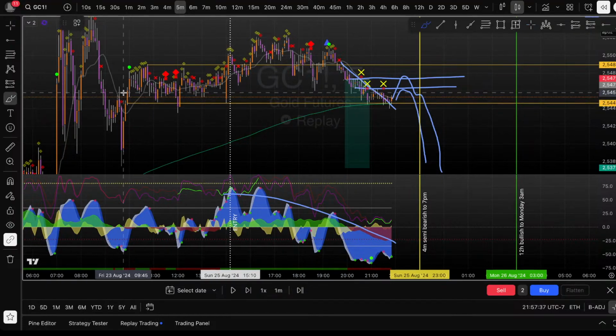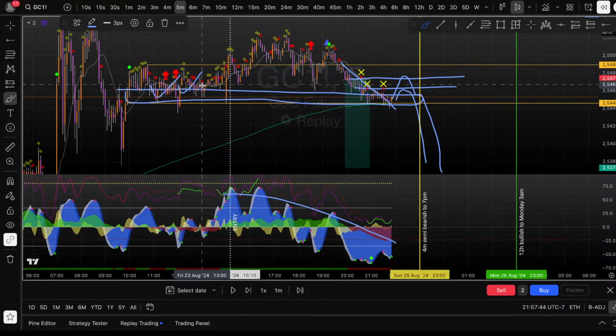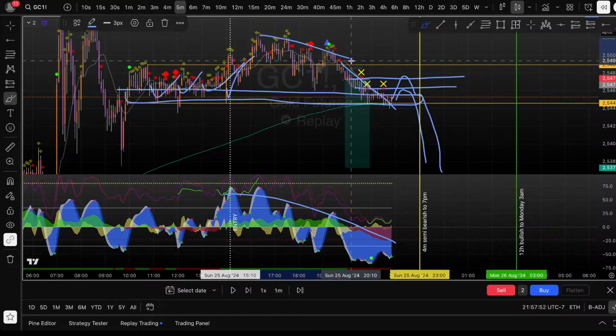And why shouldn't they? This is every time they get back in the game. But the bears wore them down, got the pullback. Either this is the moment of truth.